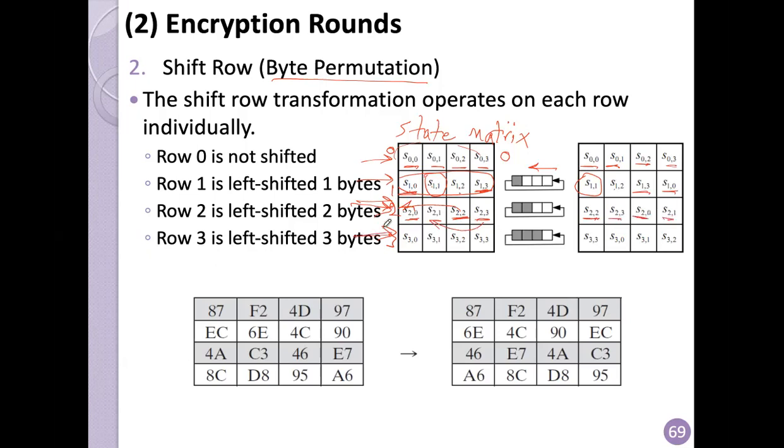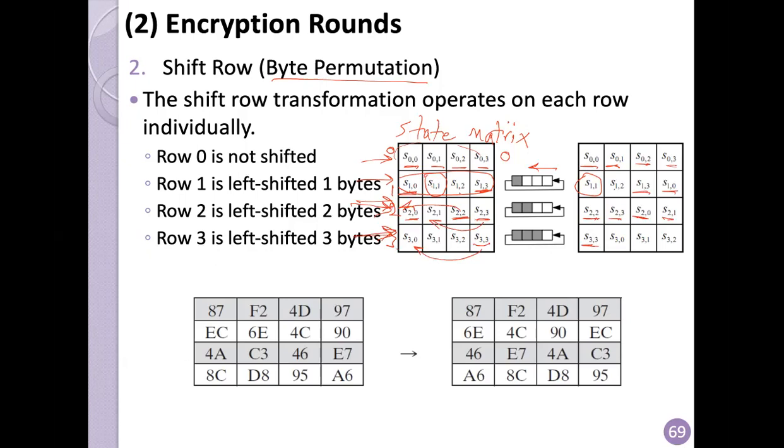And for the third row, or the last row, we shift every byte 3 times to the left. So S3,3 appears here, and then S3,0, S3,1, and S3,2.